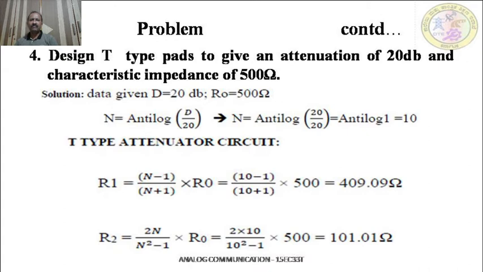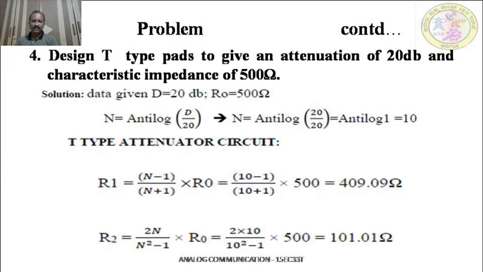Calculate n from decibel. N is equal to anti-log of D divided by 20, that gives the value 10. And substituting in R1 and R2, in this case you have to remember the resistor R1 expression and the R2 expression. Substituting in those expressions, calculate the R1 and R2 values.